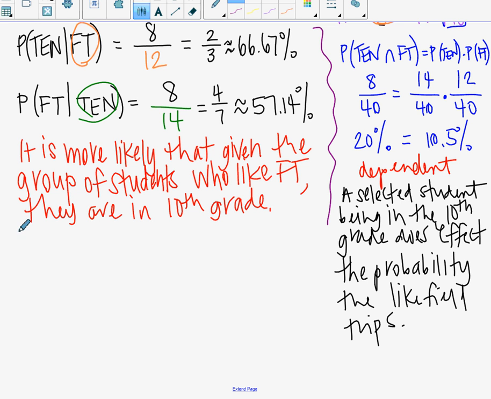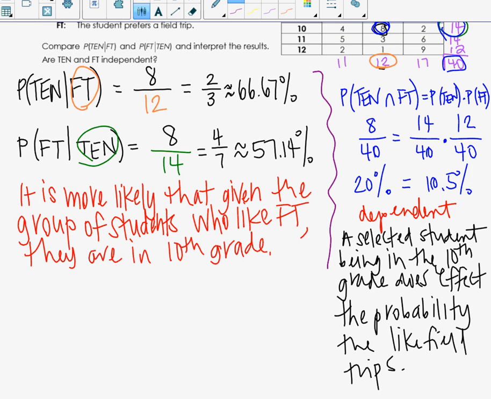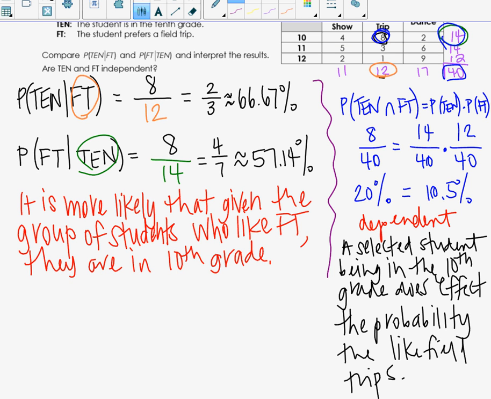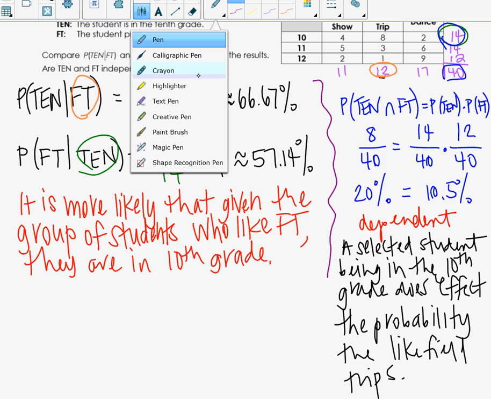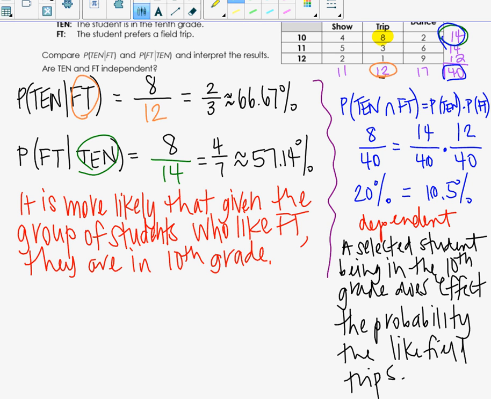Okay. So if you think about it, if you look back to the chart, we talked about this when we talked about independence. Look at your field trips here. I'm going to erase all this stuff that I have highlighted on here. Oops, sorry, we should probably keep the totals. So if you look here, there are 8 students that liked field trips.